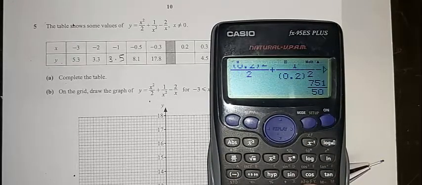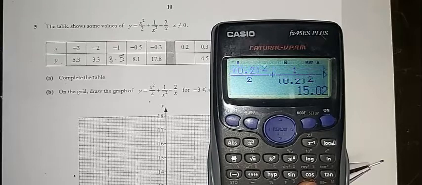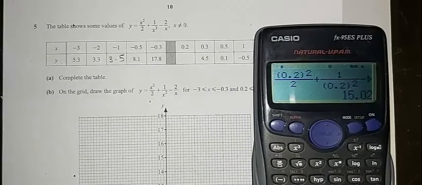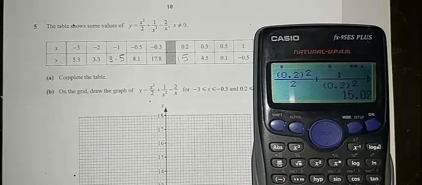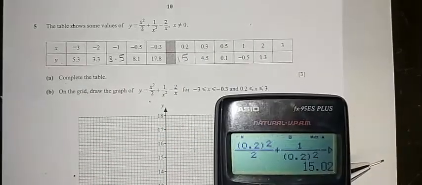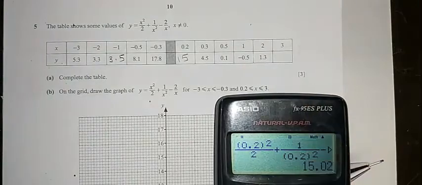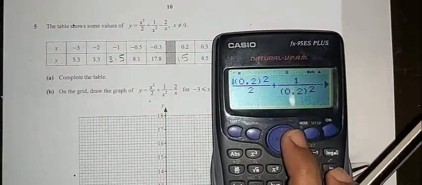Equals 15.02, rounded to 15. The last value, x equals 3.